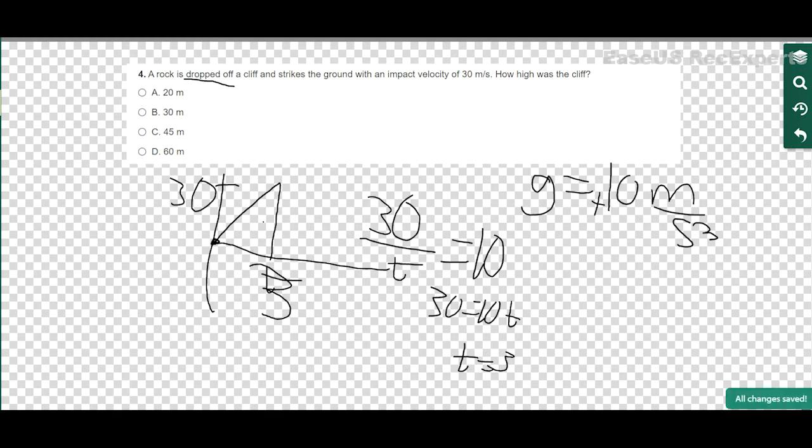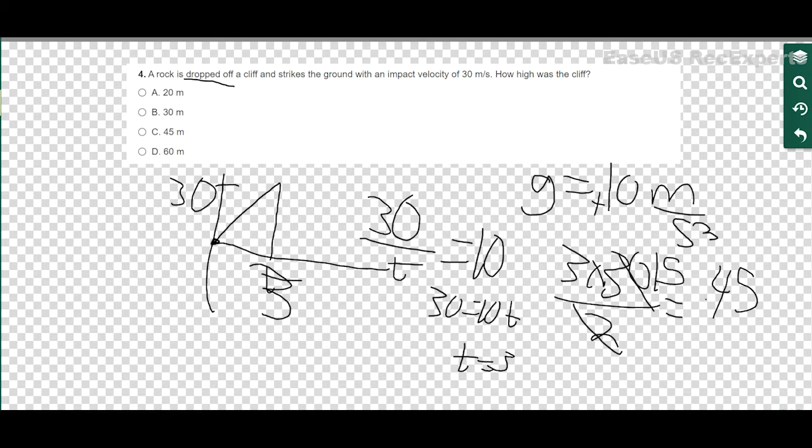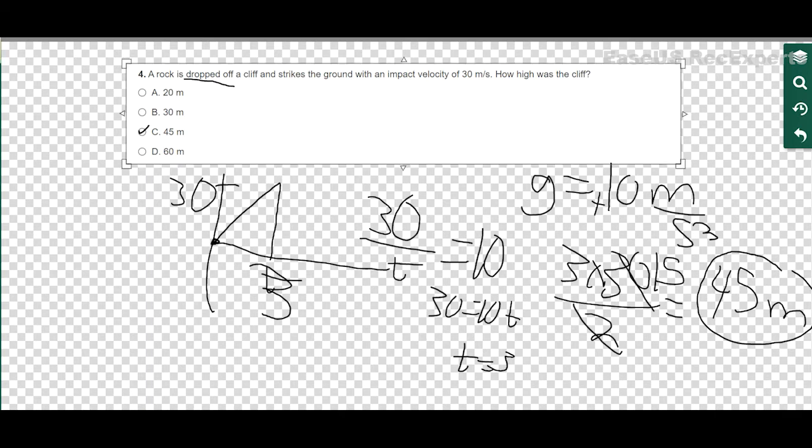Now we can find the displacement of this using a triangle. So we get 3 times 30 over 2, and then we can cancel that to get 15. You would get 45 meters of displacement, and that is equal to your actual height of the cliff. All right, so 45 meters, and that corresponds with choice C.